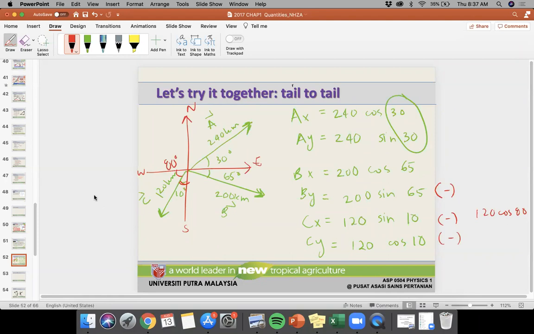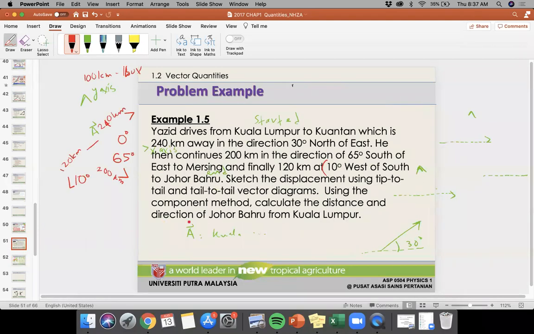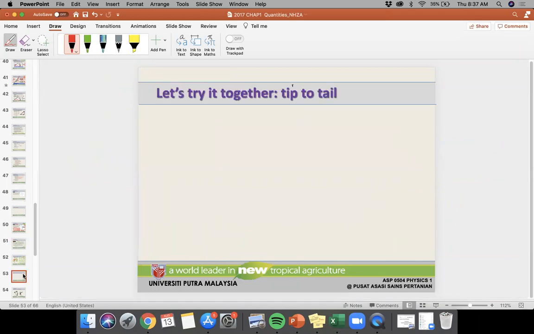Why can't we do the 10 on the x-axis? Because the question said west of south. Remember, I gave you a little note yesterday. So west of south, let's discuss this again: the difference between west of south versus south of west. 15 degrees south of west, what does it mean?